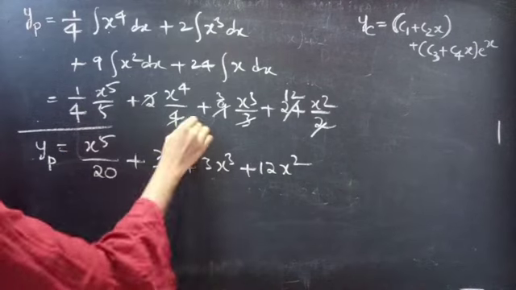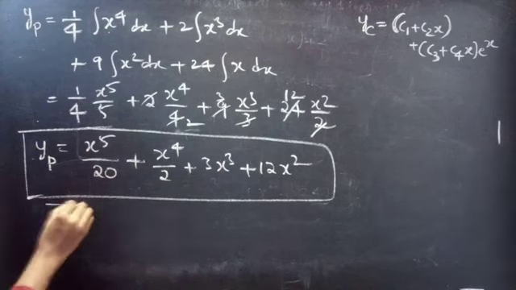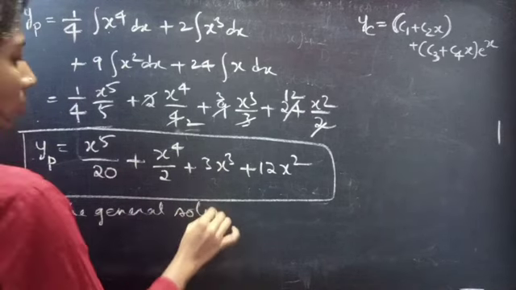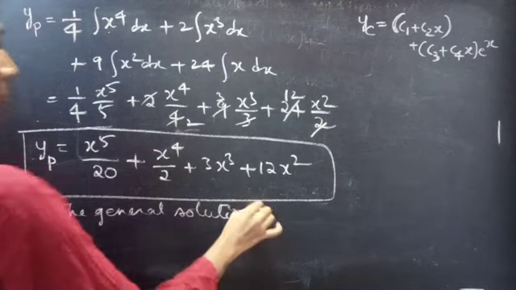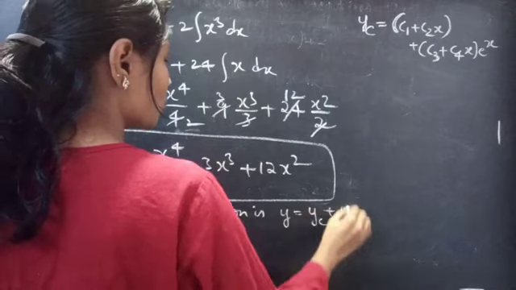Now let's write the general solution. We know that the general solution is given by y equals yc plus yp.